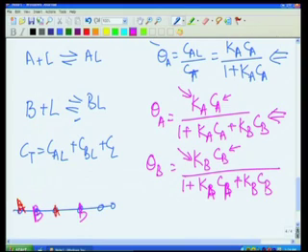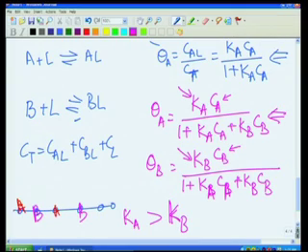For example, if the Ka value is greater than Kb, then you can expect higher coverage of A compared to B. In fact, why can you expect this? If the concentrations of A and B are the same and Ka is greater than Kb, then we can easily see theta A has to be greater than theta B. What does a high adsorption constant value mean?